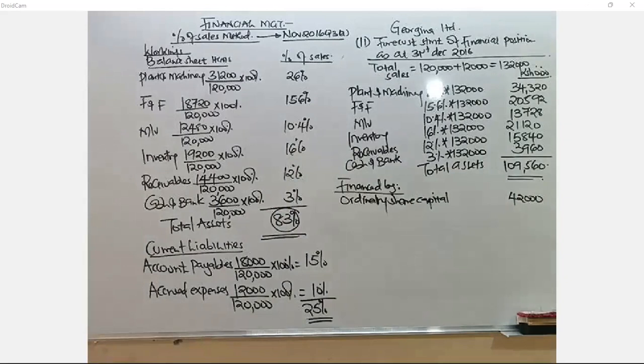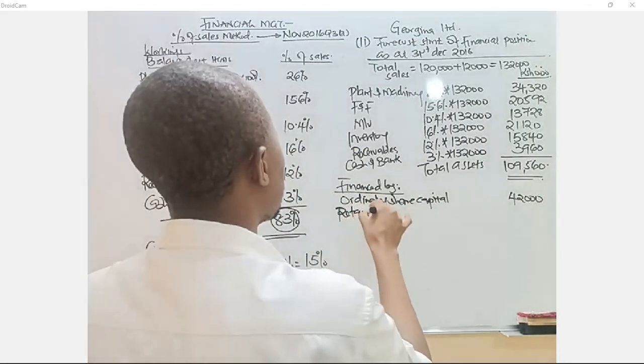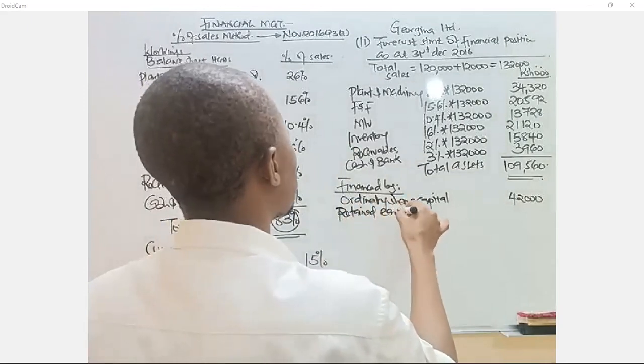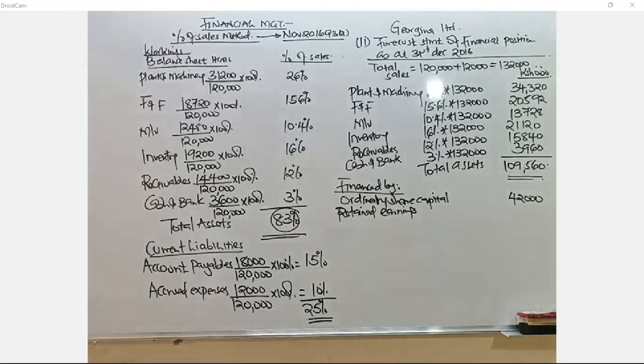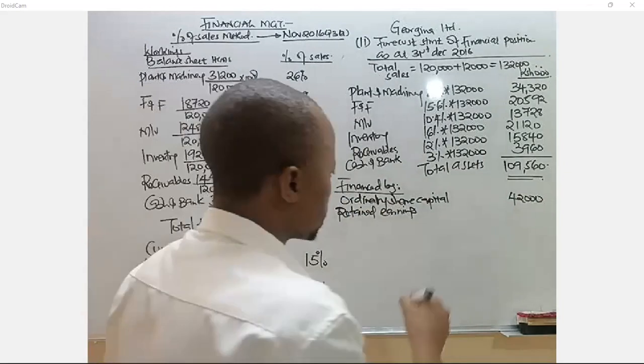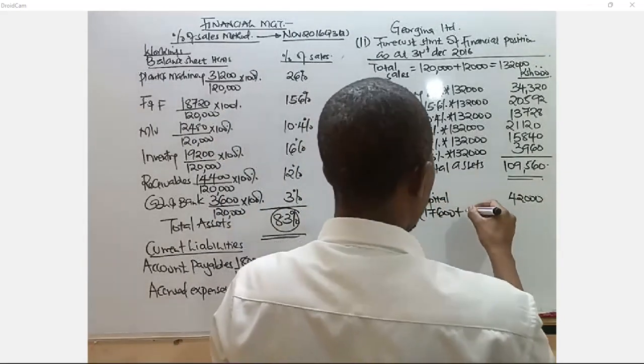Right. We also have the retained profits. What is our retained earnings in this case? When you look at the retained earnings, you just do two things here. I'm looking for the retained earnings for 2015. In this case, it was 17,600. Remember the computations that we have made.